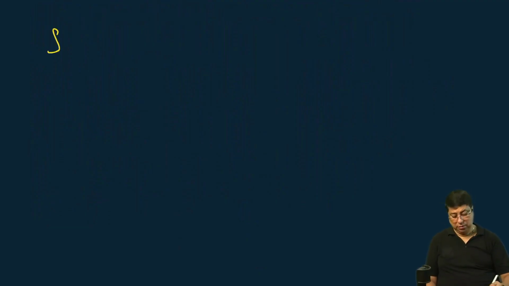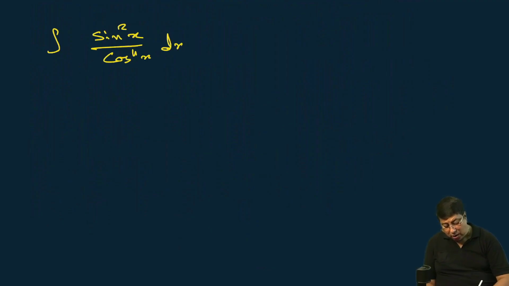Integration of sin square x by cos to the power 4 x. Remember one thing: we will not always get a direct substitution, where whatever you are thinking as t, its derivative is present. It should not always be present.